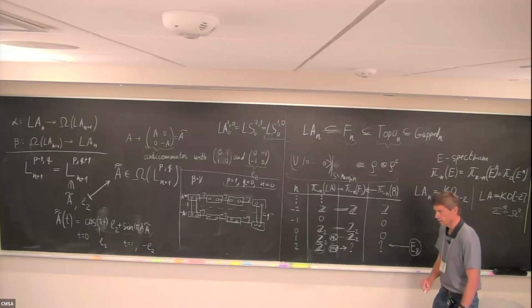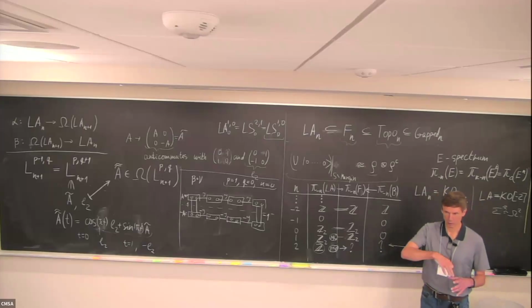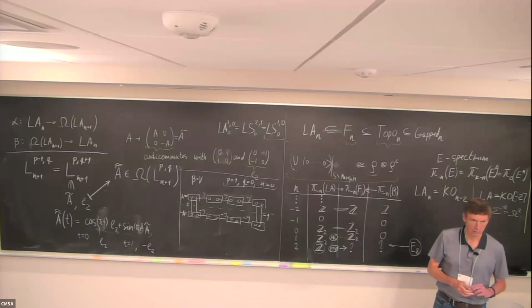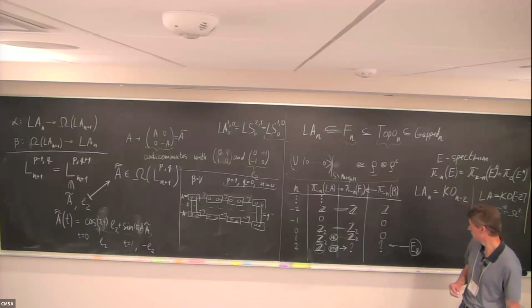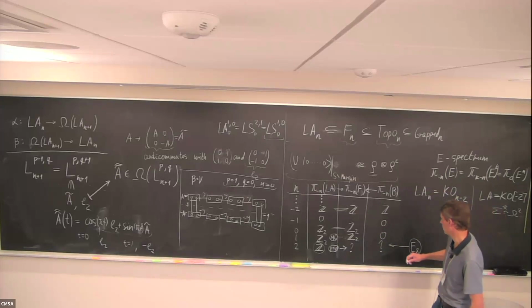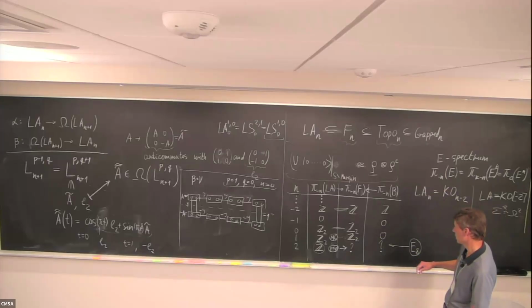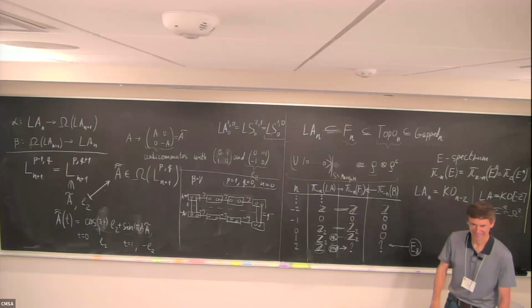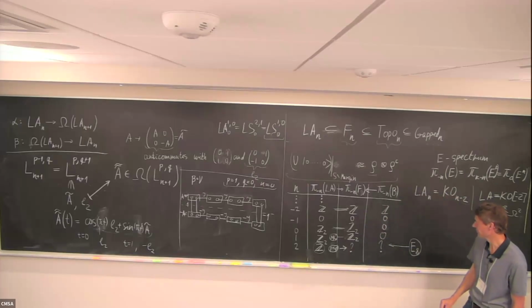It's some two-dimensional system which has an E8 chiral CFT at the boundary. Another zero. Oh, yeah. Minus 1, 0, 1. Yeah, it should be. Right.